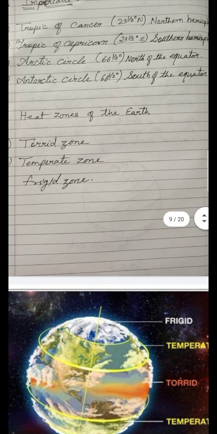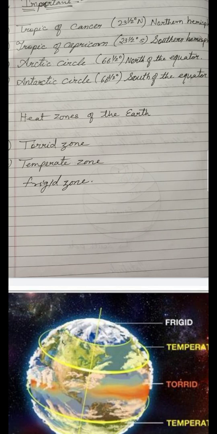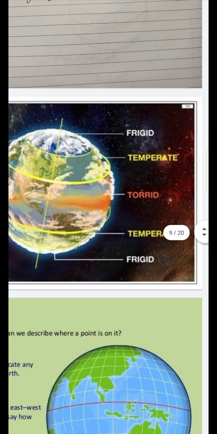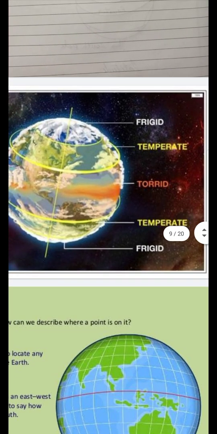And we are discussing the three types of heat zone: torrid zone, temperate zone, and frigid zone. The frigid zone is in the top north, which is cold, sometimes cold and sometimes medium temperature also. Then it comes temperate.